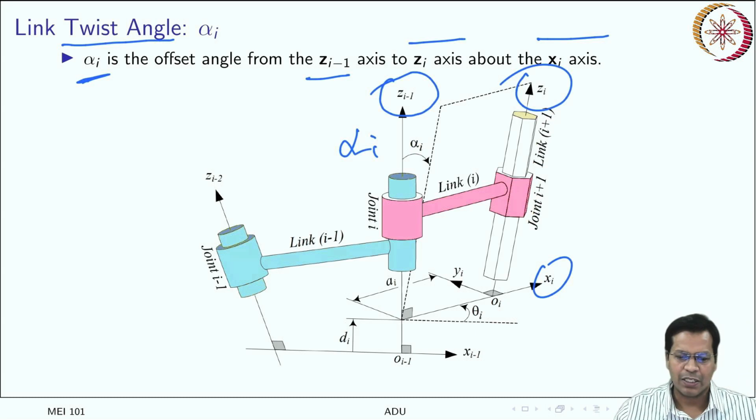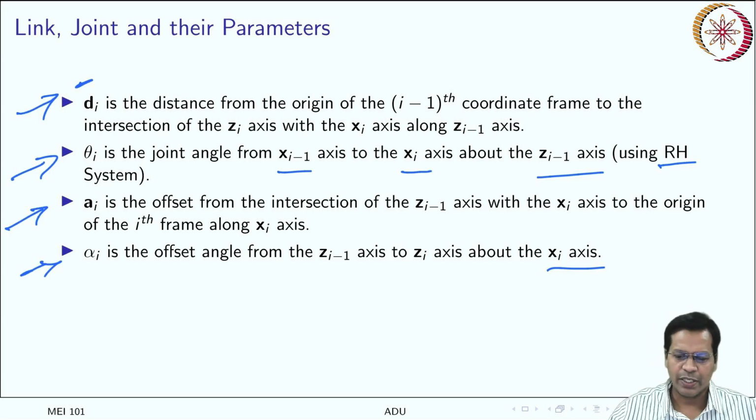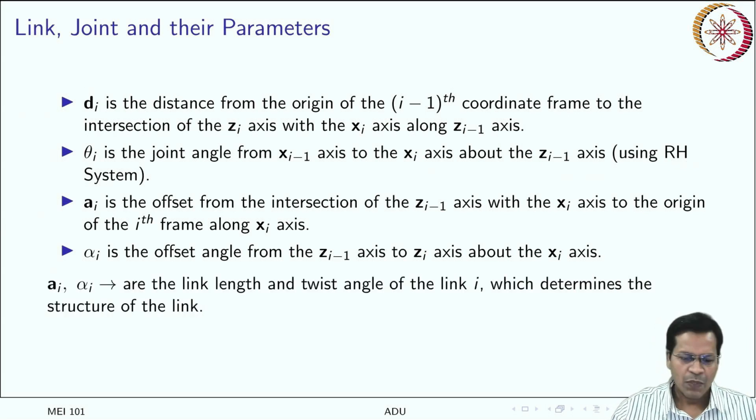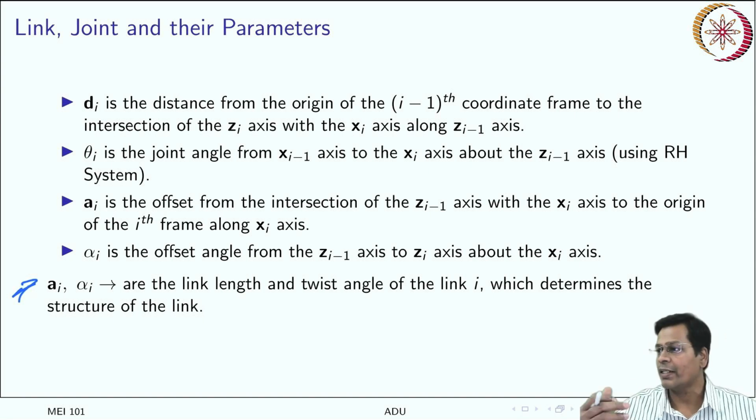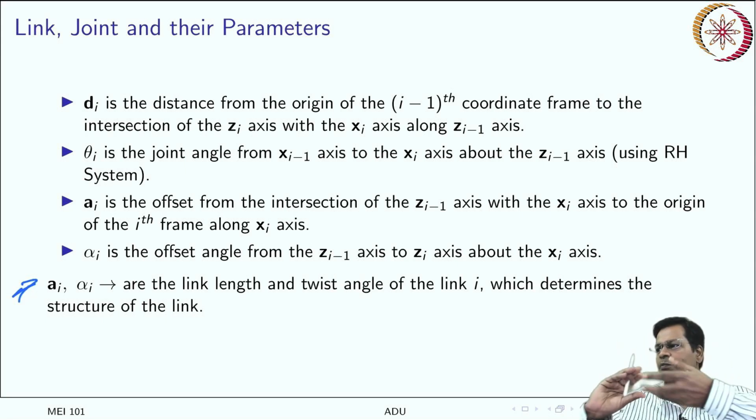So 4 parameters are there. These were the 4 important parameters, and this is what fully defines your link. The first 2 parameters, ai and alpha i, are the link length and twist angle. So once the link is made, it may be a twisted one, and once it is twisted, it is forever twisted for that particular link structure.